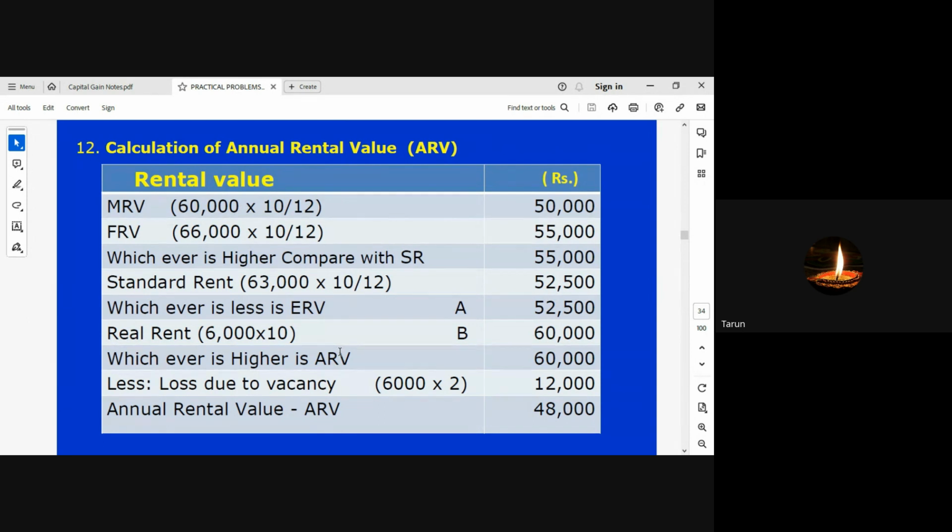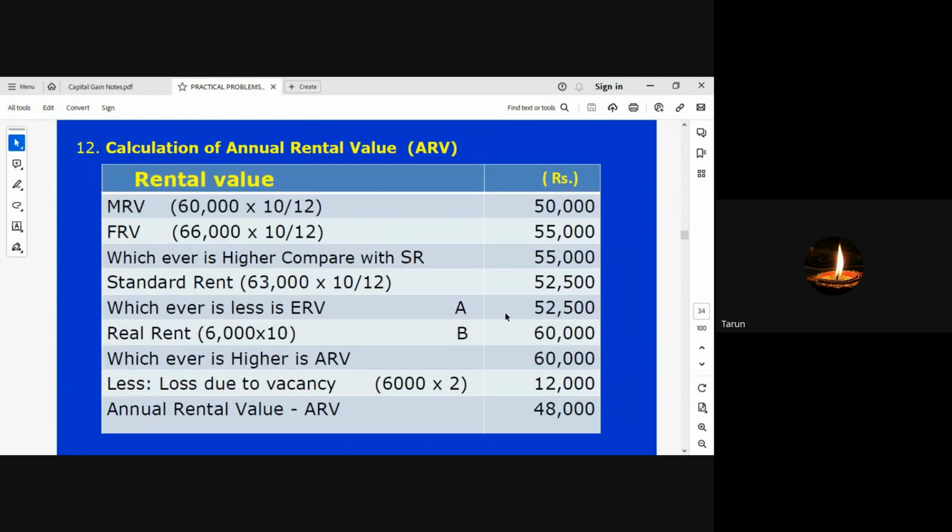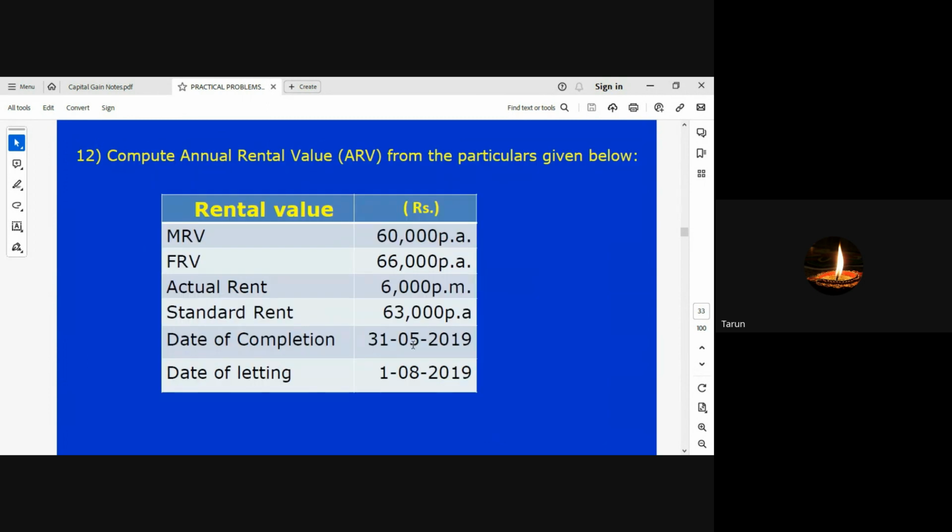The annual rental value is already estimated, but the follow-up question says you need to estimate the loss due to vacancy. How many months? It's 2 months. How is it 2 months? The date of completion is 31st May and the date of letting out is 1st August. So the 2 months are June and July. The difference between the date of completion and the date of letting out the property is only 2 months.